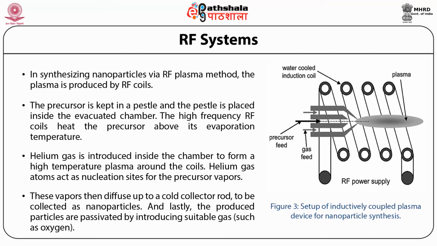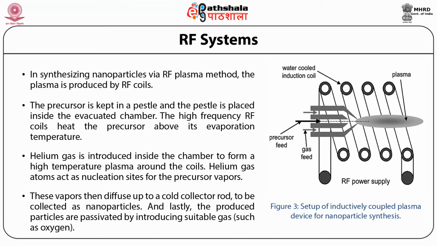And lastly, the produced particles are passivated by introducing a suitable gas such as oxygen. A schematic of the RF plasma system is shown in figure 3. We can see the setup of an inductively coupled plasma device for nanoparticle synthesis.